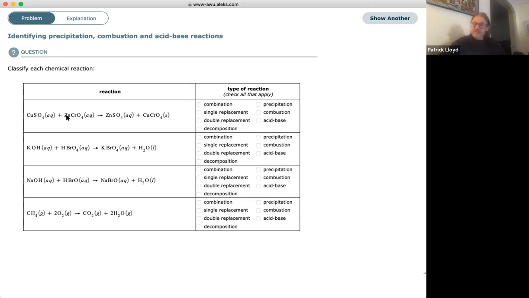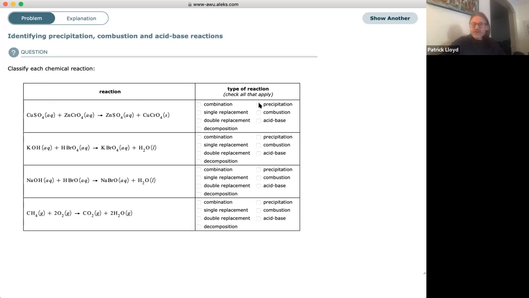This is an example of the precipitation reaction that we looked at in the earlier sections, 4.1 and 4.2. Metal, non-metal, metal, non-metal, right? Aqueous, aqueous, product, metal, non-metal, aqueous, metal, non-metal, solid. Aqueous plus aqueous gives you aqueous plus solid. That's a precipitation reaction. So this one is precipitation.